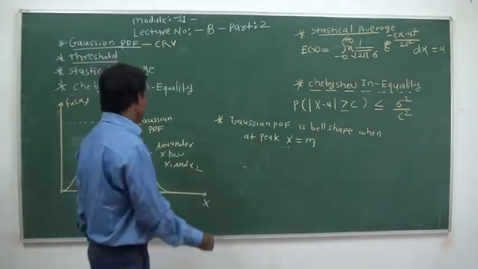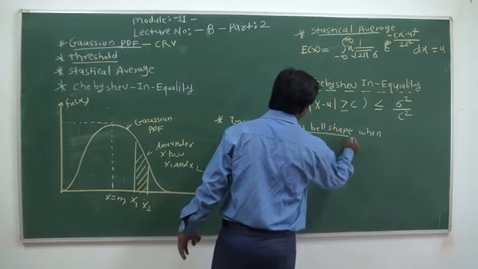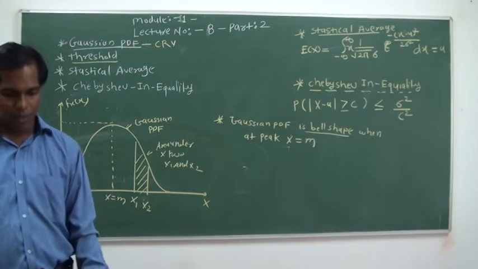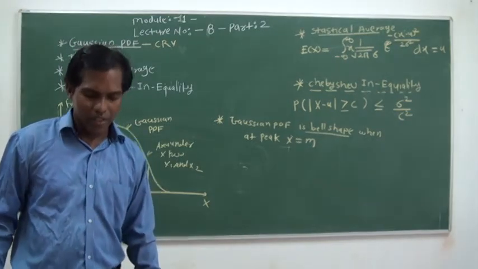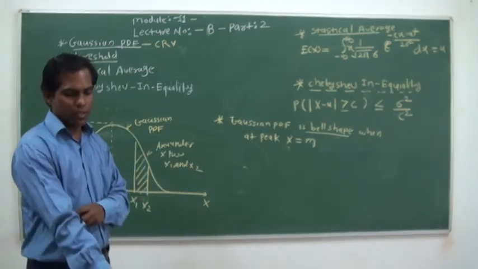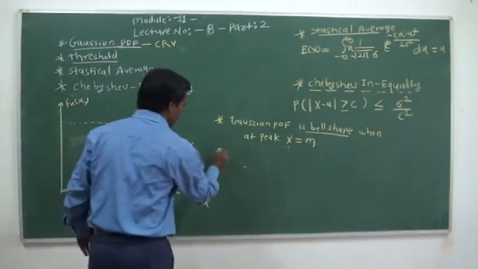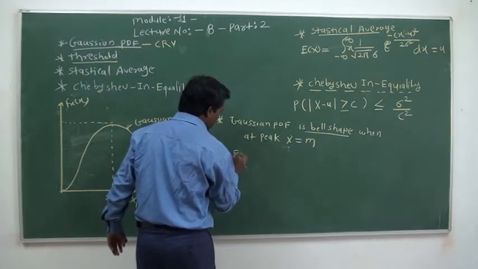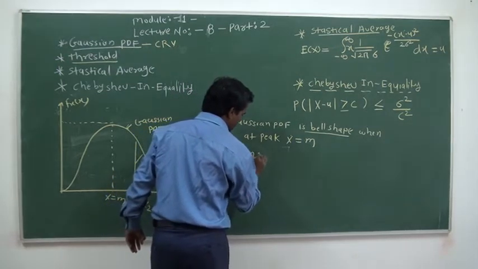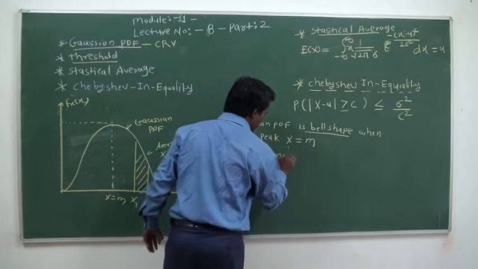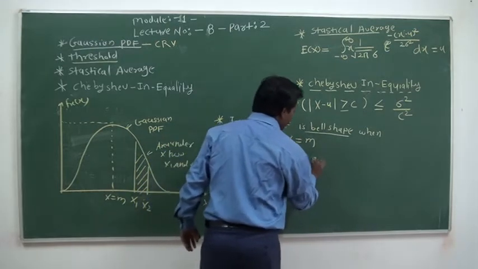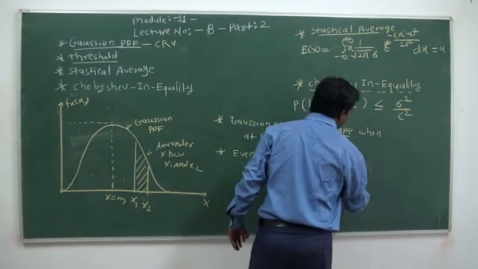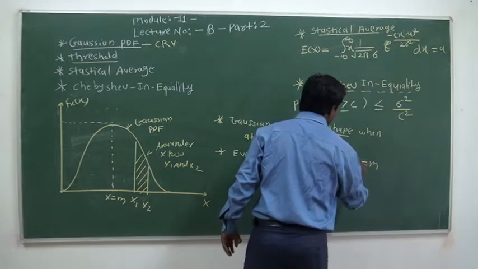That time the shape of this probability density function is a bell shape. The second property: the Gaussian PDF has even symmetry about its peak, where x is equal to the peak value, the maximum value.